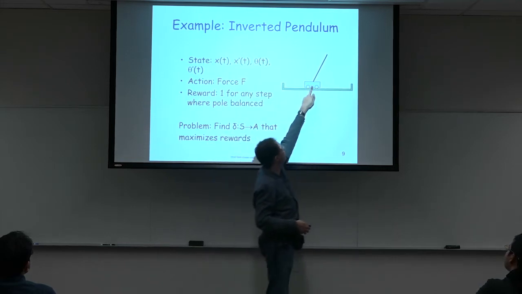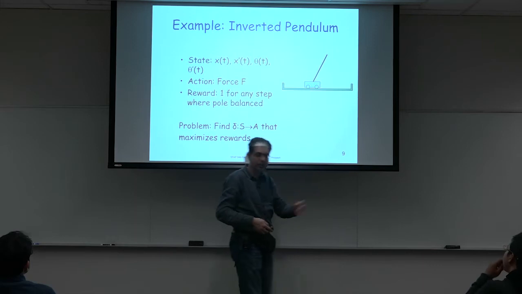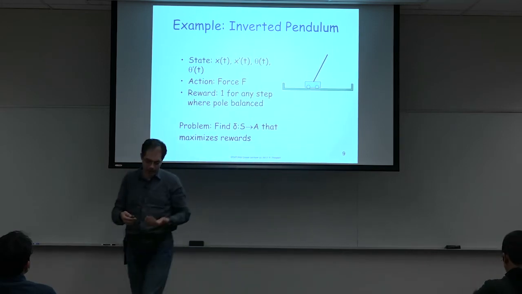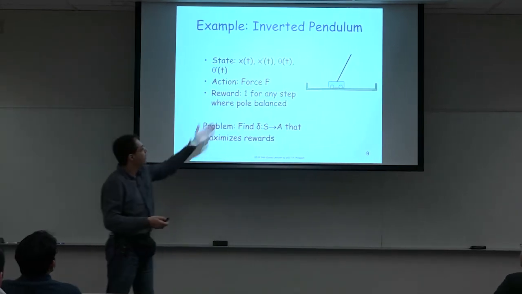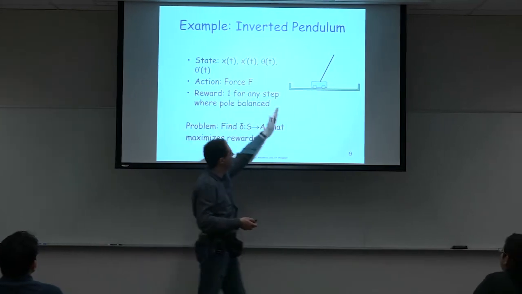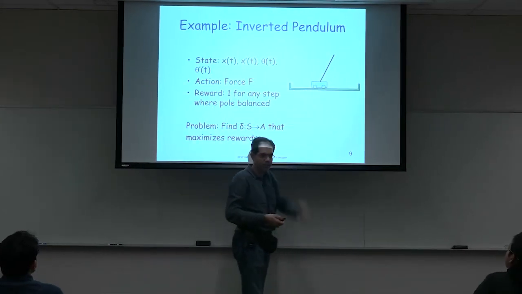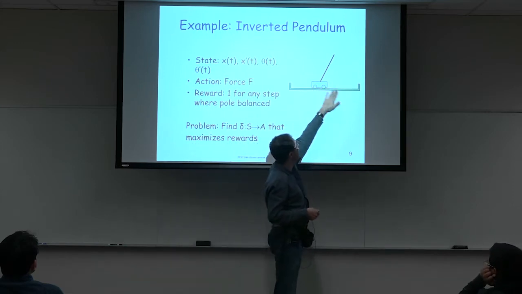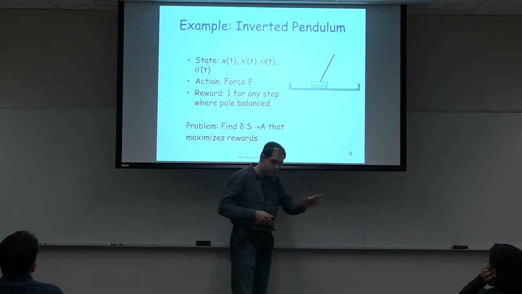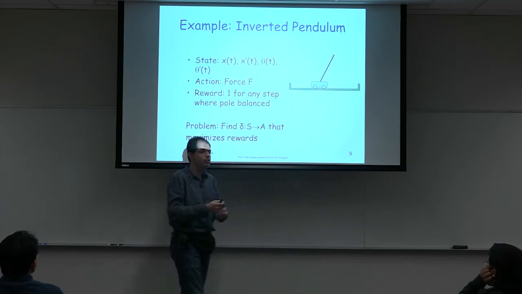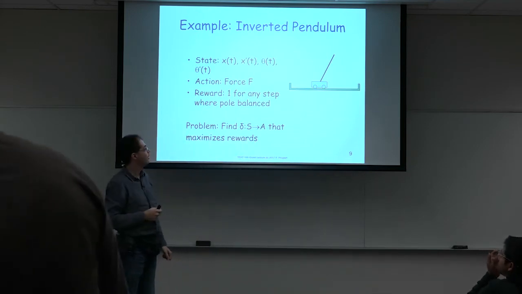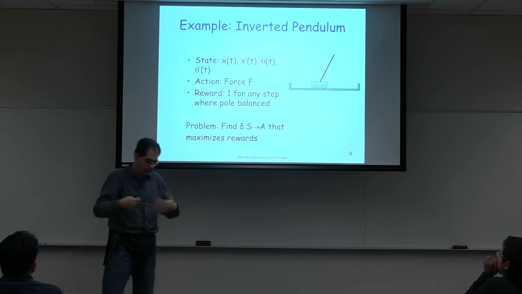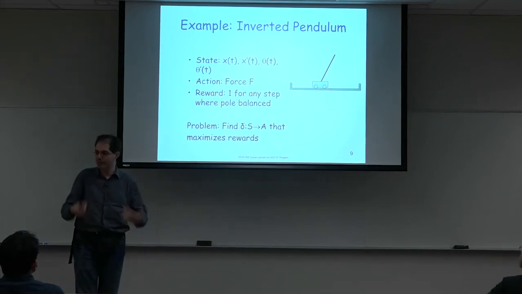The pole is just attached to the cart with a hinge, right, and then due to gravity, unless the pole is well balanced, it will naturally fall down. So what the cart needs to do is to essentially move right or left to try to preserve the pole in a standing position. Okay, so this is a simple toy problem from robotics.